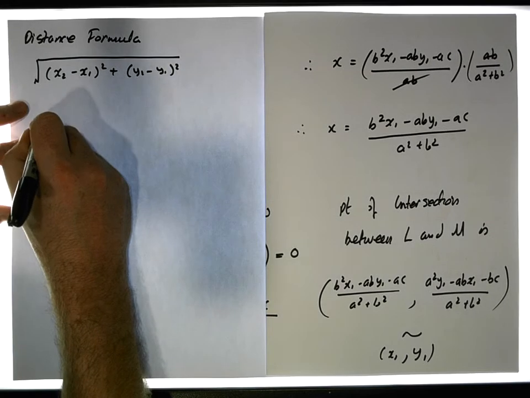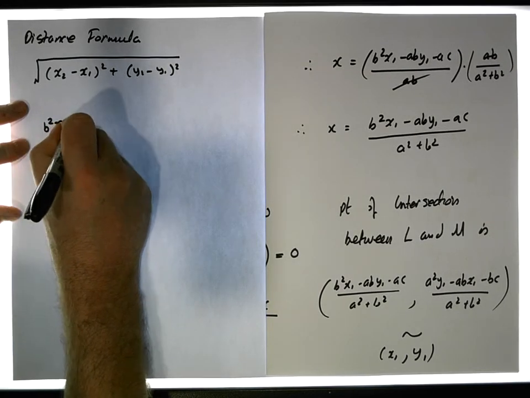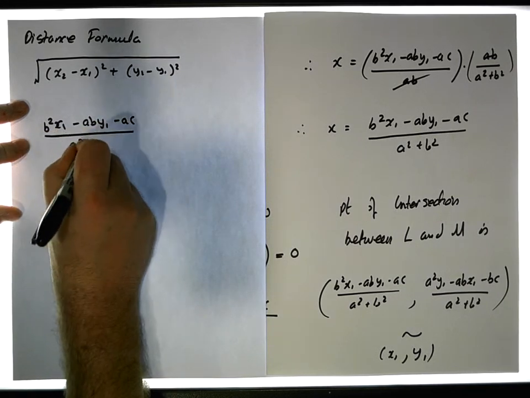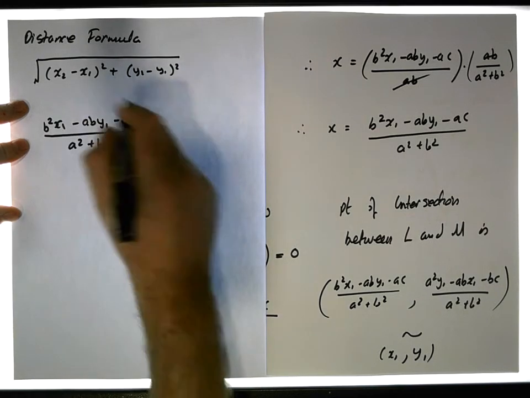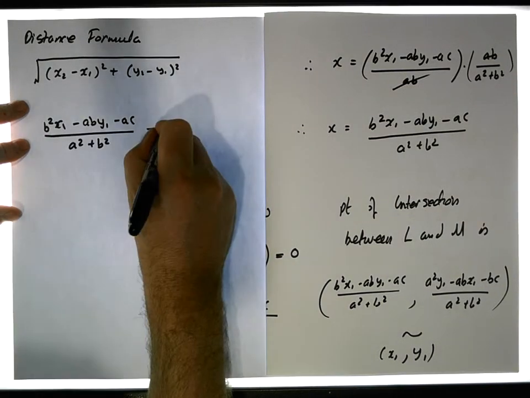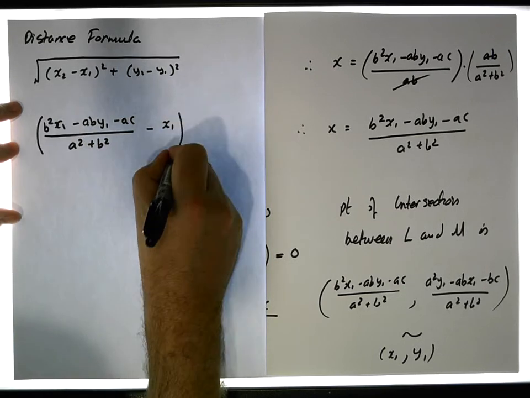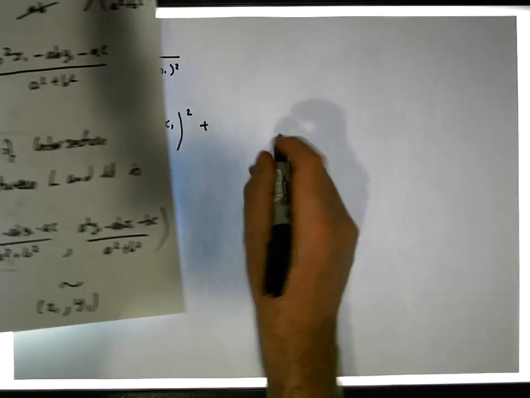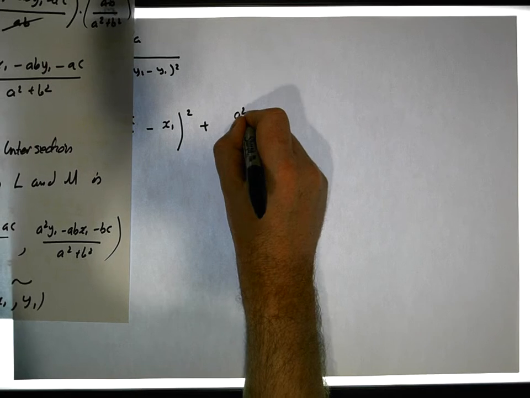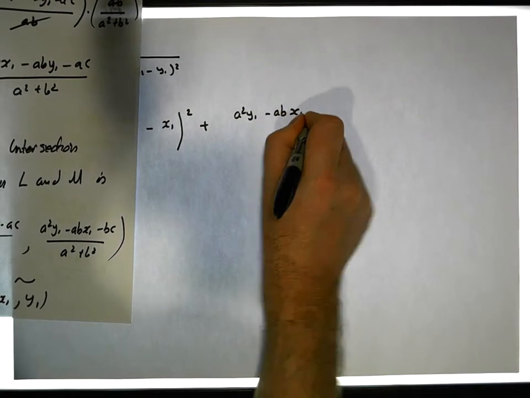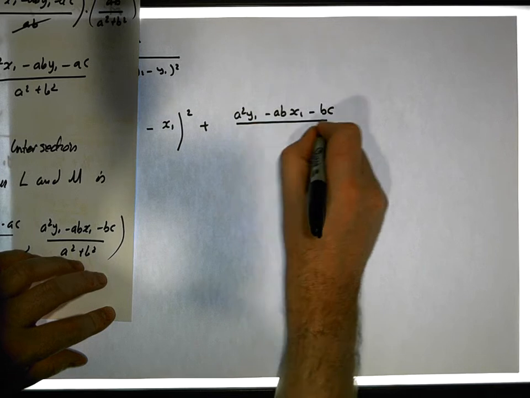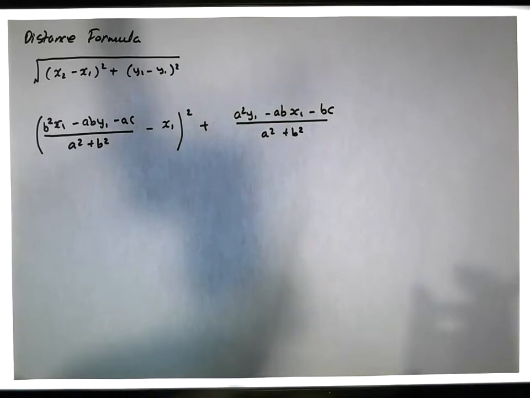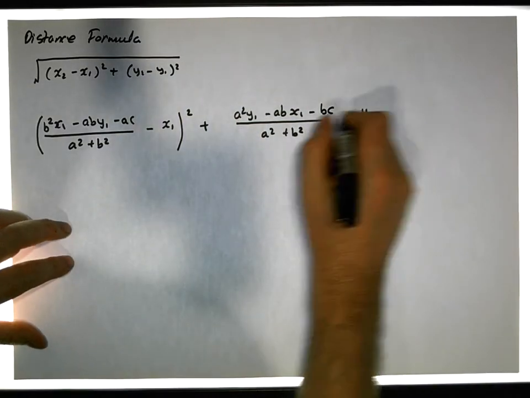I'm going to write this down: b squared x1 minus ab y1 minus ac all over a squared plus b squared, and what we need to take away from that is x1, and that needs to be squared, plus the next term, which is y2, which is a squared y1 minus ab x1 minus bc all over a squared plus b squared, and we need to take away from that y1, which needs to be squared.